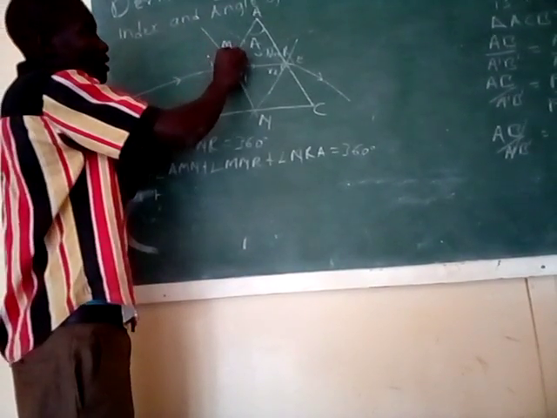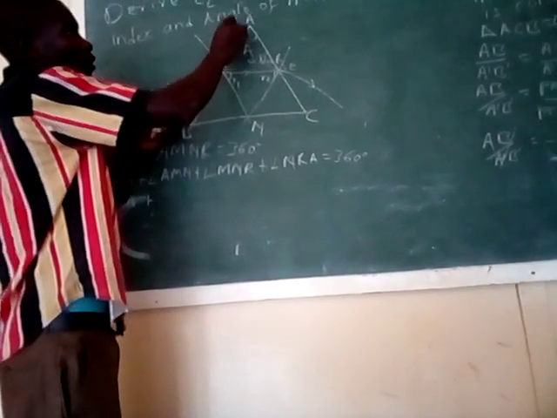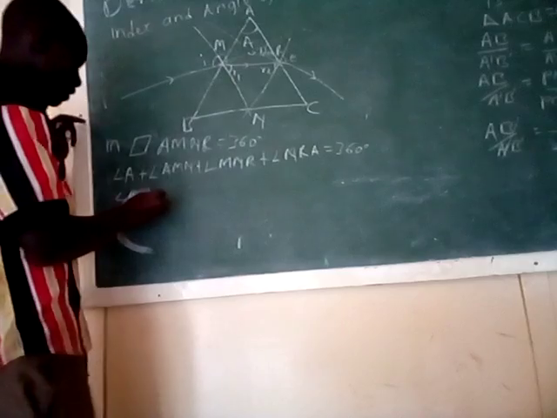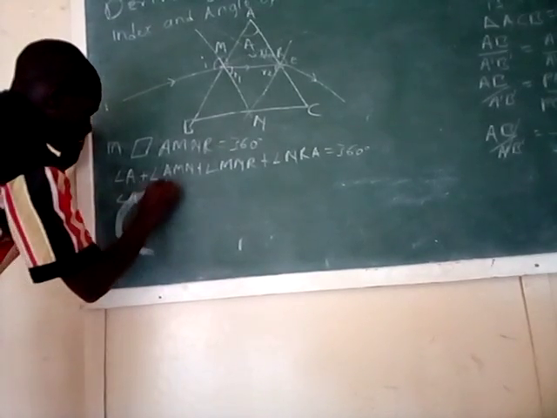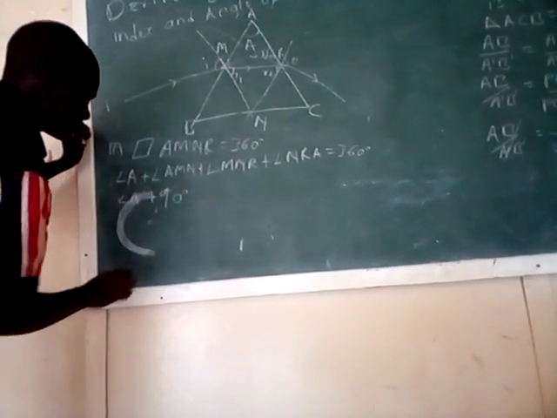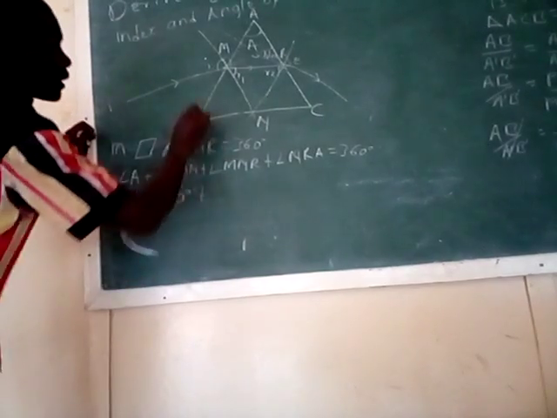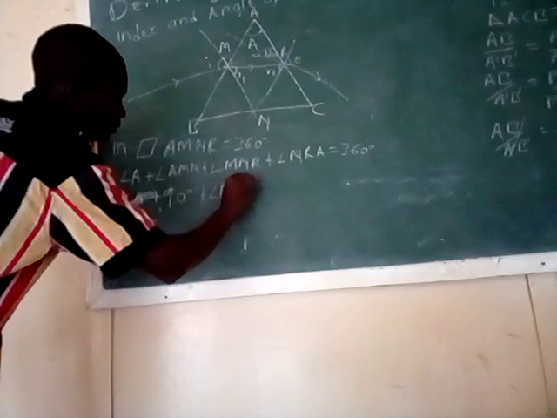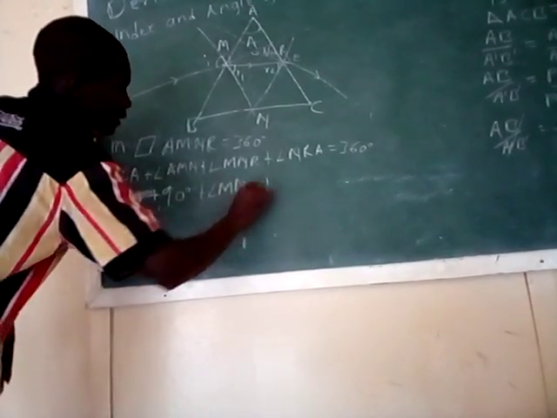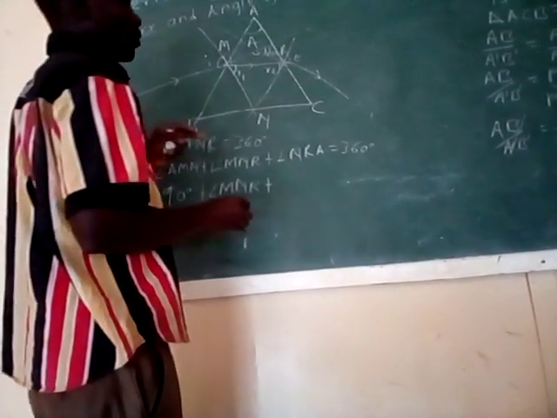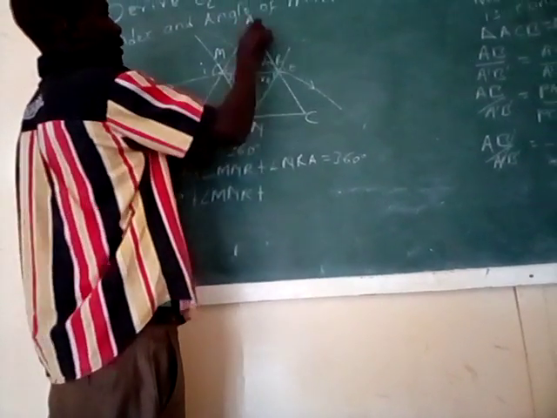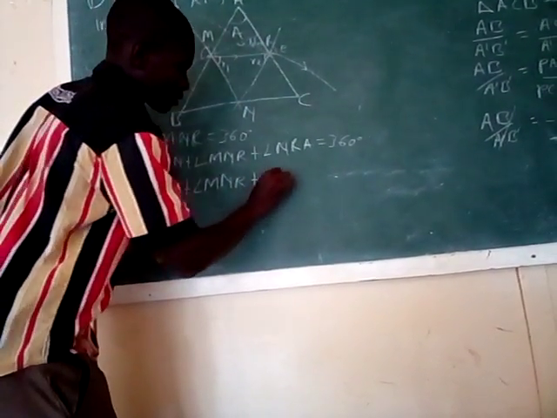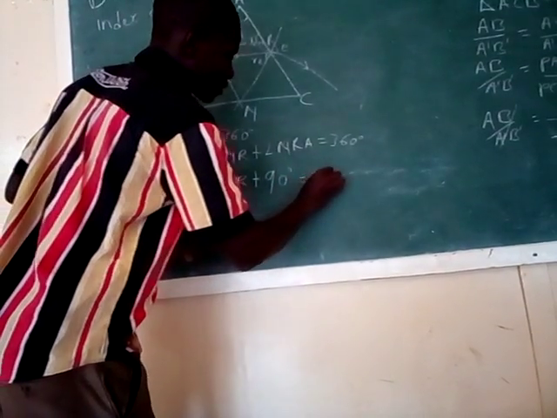Therefore angle AMN is 90 degrees, plus angle MNR, which we don't have, plus angle NRA, which is also 90 degrees. This is equal to 360.